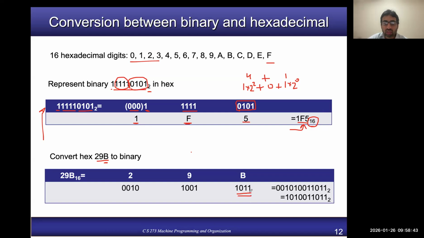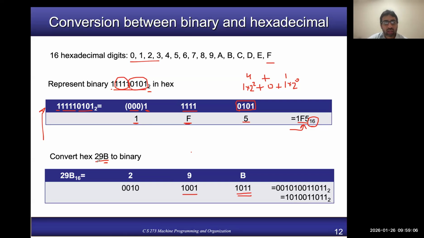When you practice, you will not need to do repeated division anymore. It will become handy, and you can quickly say, okay, it is 1011. Let me complete it, then I will check the message. The next digit is 9. You write the 4-bit binary of 9, which is 1001.